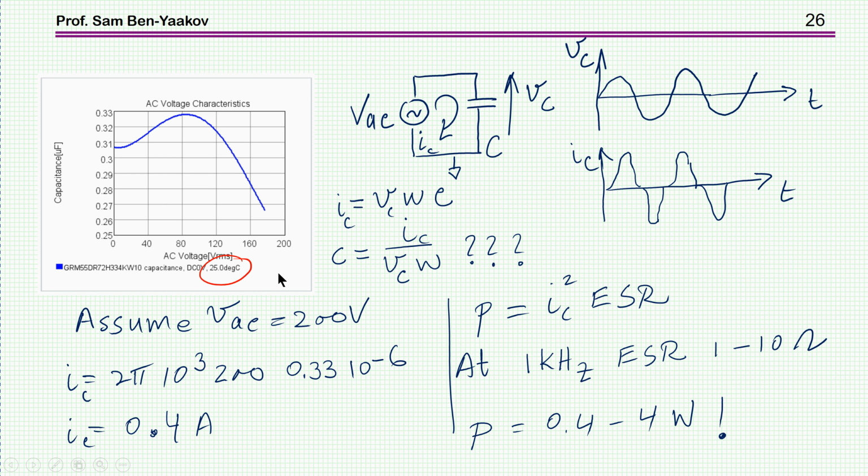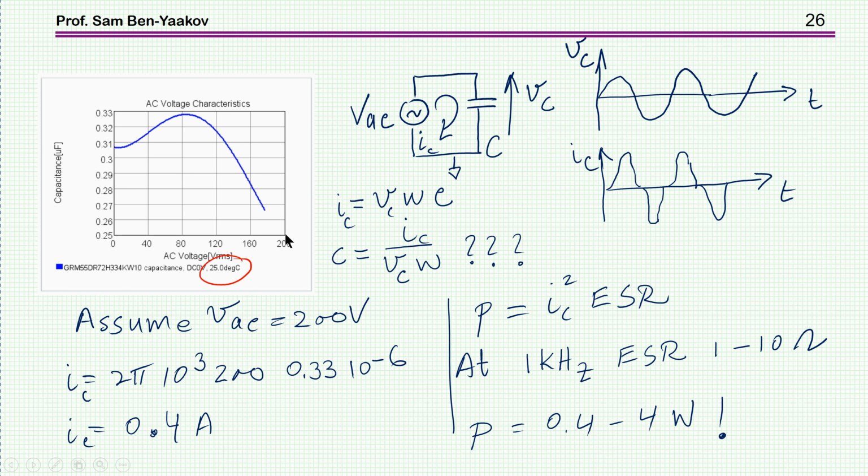Now there is another issue here, and that is the fact that when you drive this capacitor with a high voltage, like here, 120, 160 volts, the current will be high. This is a 0.33 microfarad capacitor.